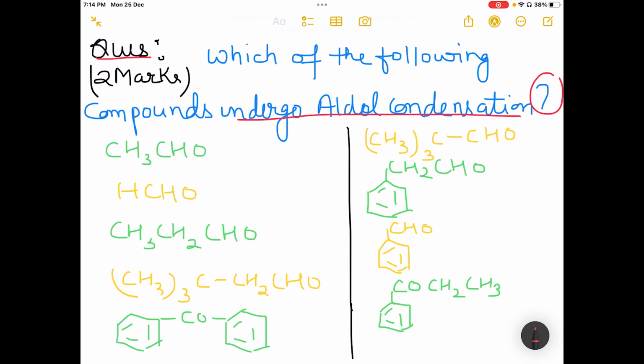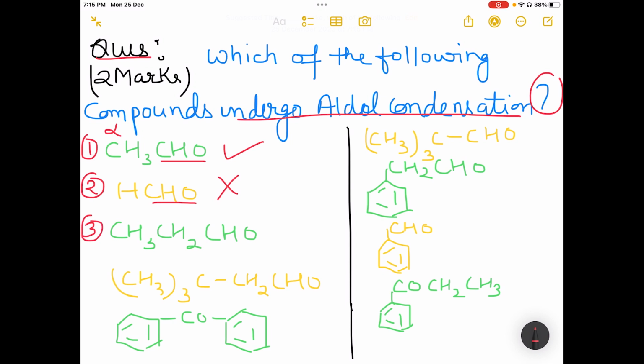So let's check. In first example, functional part, alpha carbon, so it definitely shows aldol condensation. In next example, functional part, it doesn't have any alpha carbon, neither alpha carbon nor alpha hydrogen is there, so it doesn't show aldol condensation reaction.